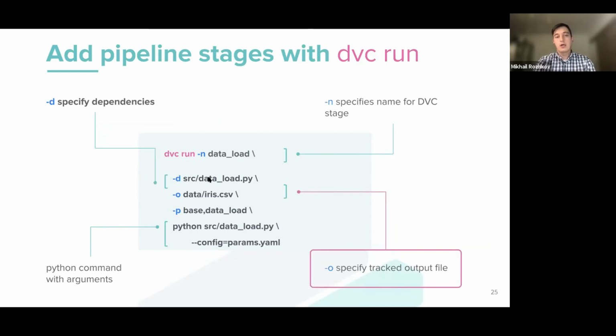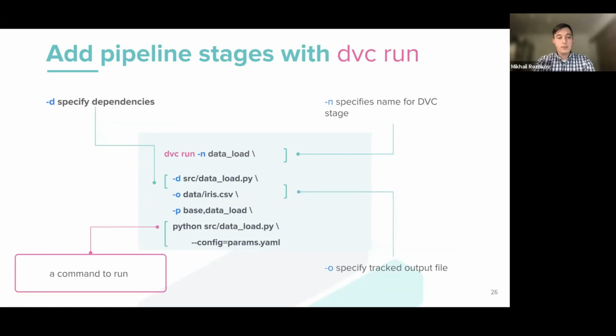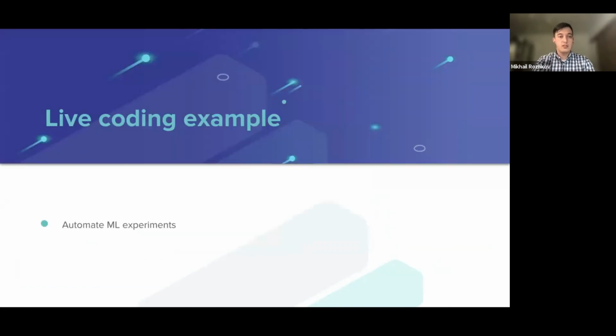We can also specify the output of this stage. For data load, it's the iris CSV data file that we'll use later for feature engineering. It also has some parameters and the final command that DVC should run using this configuration. As a comment here, we have the same command line interface command to run this data load stage. So the name of the command didn't actually change.